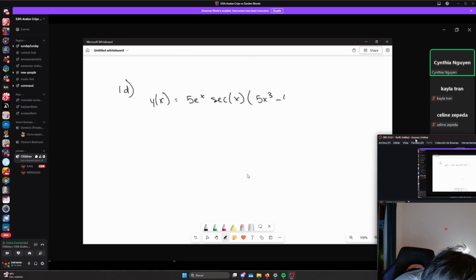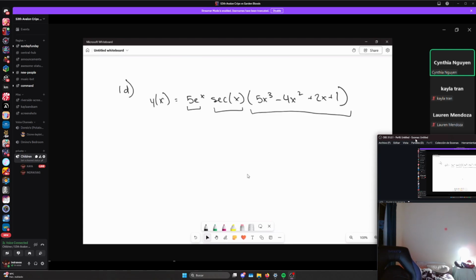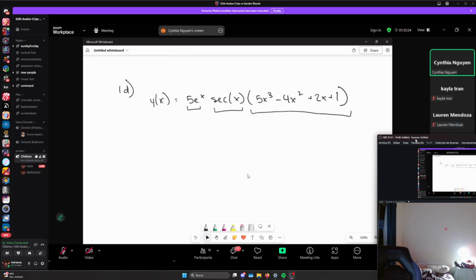The way I did it is because I saw that everything is just multiplied to each other, and 5 is a constant, I just took the 5 out before I took the derivative of anything. You can do it that way, which is how I did it on the midterm solution that was uploaded. Or you can include the 5 as part of e to the x, and then you only have these 3 parts that you need to worry about. Both will get you essentially the same answer. You won't lose points one way or another.